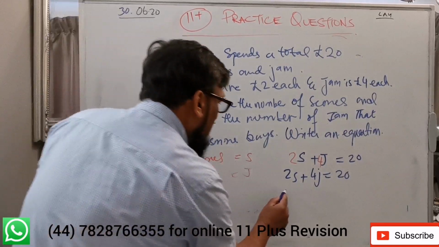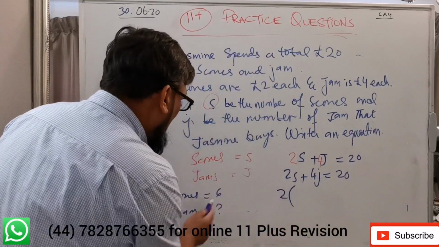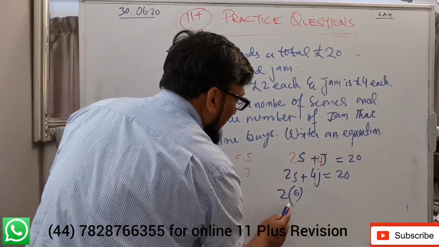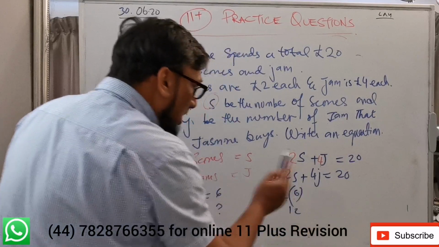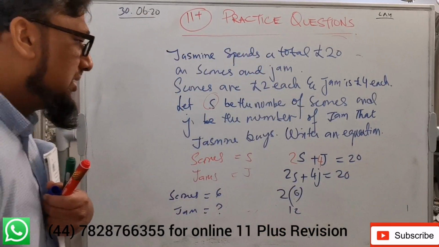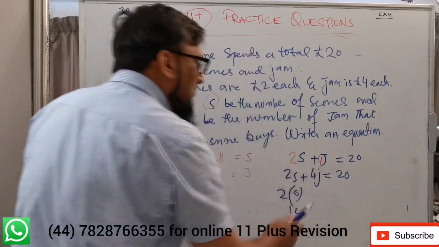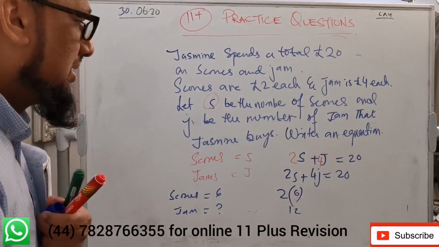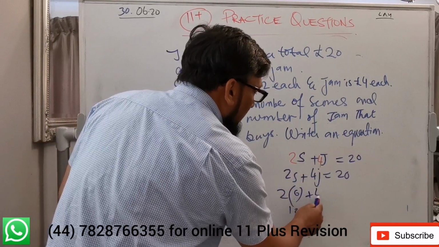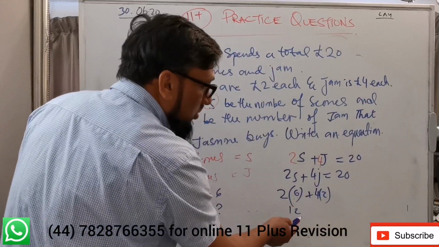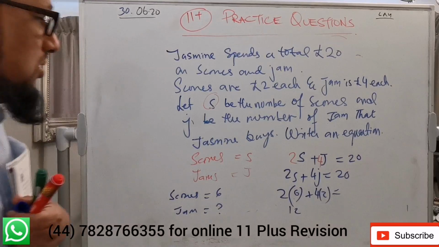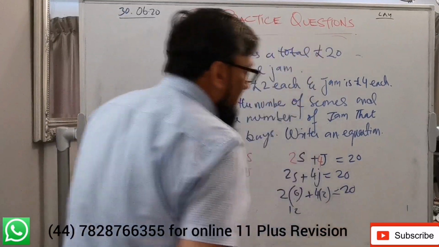Look at this one: 2 times 6 is 12. So 20 take away 12, the remaining money she will have for jam is 8 pounds. So 8 divided by 4 means she can buy only 2 jars of jam, which makes 20.